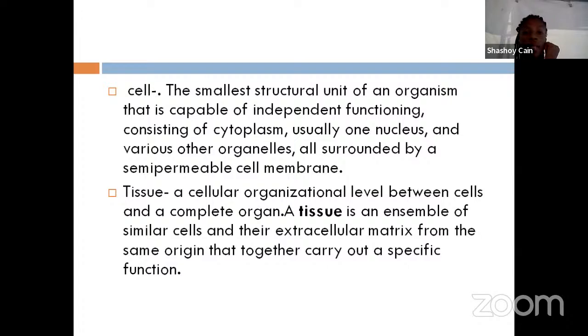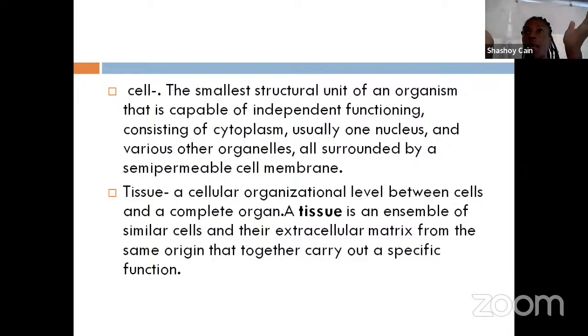A cell is the smallest structural unit of an organism that is capable of independent functioning. It consists of cytoplasm, usually one nucleus and various other organelles, all surrounded by a semi-permeable cell membrane.